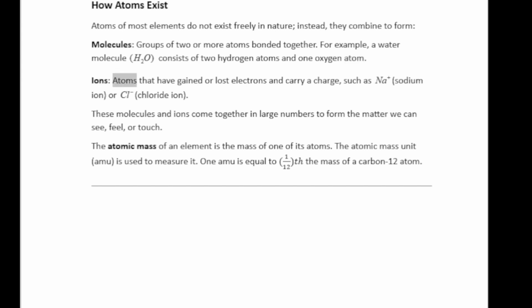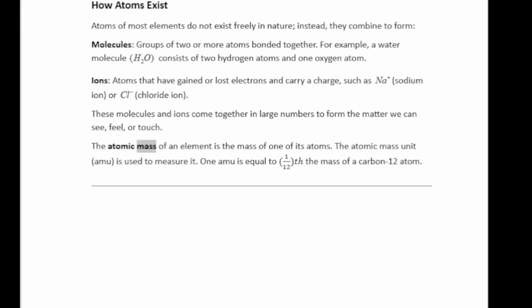Ions are atoms that have gained or lost electrons and carry a charge, such as the sodium ion or chloride ion. These molecules and ions come together in large numbers to form the matter we can see, feel, or touch.